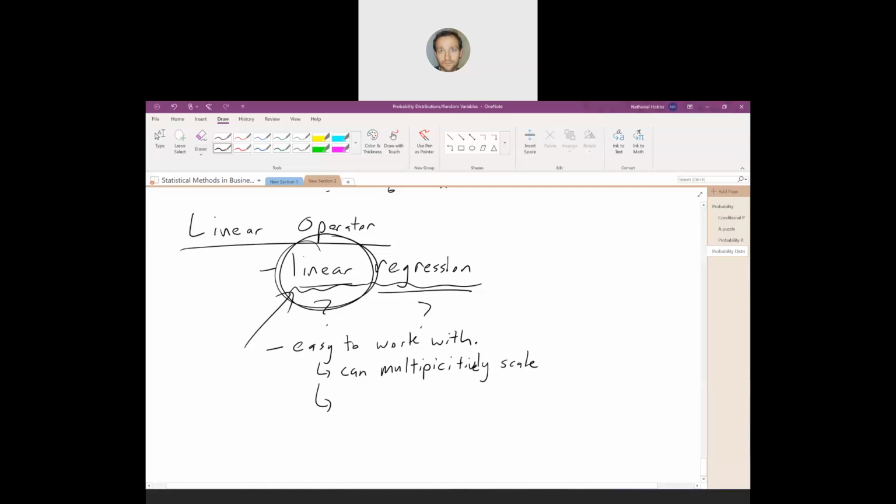All right. So a linear operator is a very nice thing to work with because it can scale with multiplication, and addition can happen in whatever order you want.